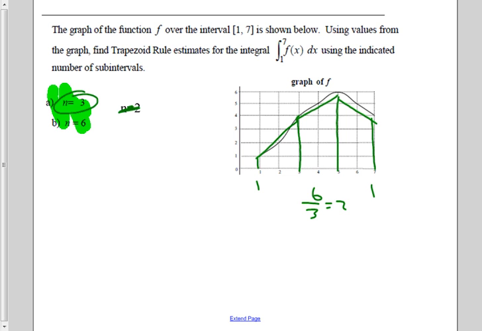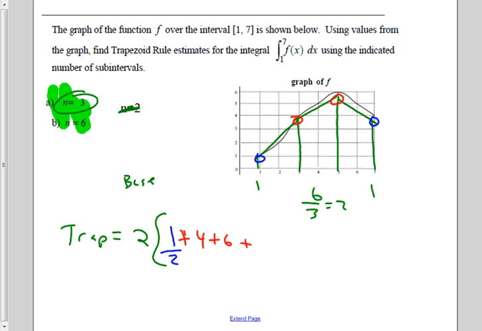So what we can do really quickly is the trapezoid rule will result in an area that's 2, and that's our base, times, here are my endpoints, and in red are my repeated points. So it's going to equal 1 over 2, rather, sorry, because our endpoints are over 2, plus 4, plus 6, plus 4 over 2.